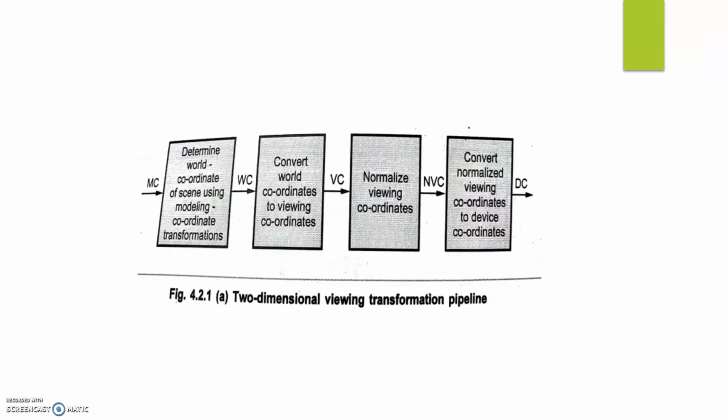You can see in that particular image there is a two-dimensional viewing transformation pipeline. In this, first you have to determine the world coordinates of a picture, then convert world coordinates to viewing coordinates, then normalize those viewing coordinates, then convert normalized viewing coordinates to device coordinates.